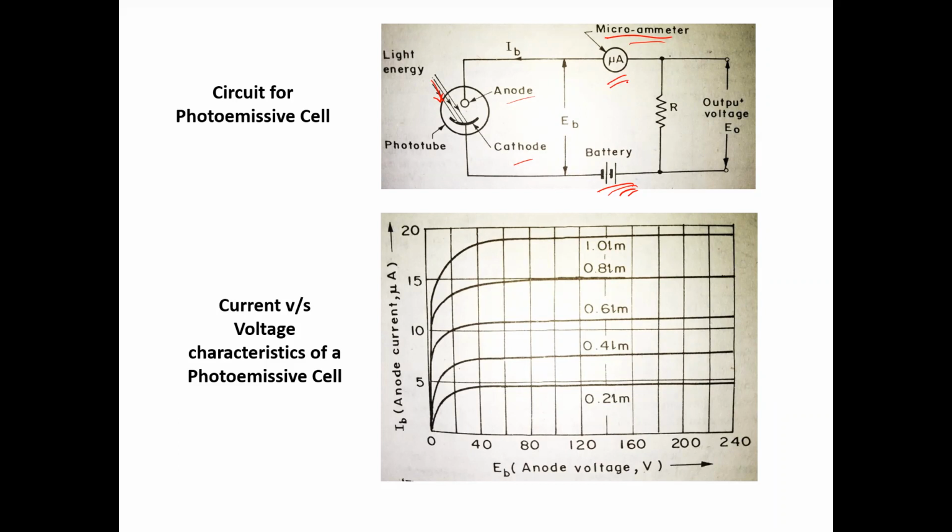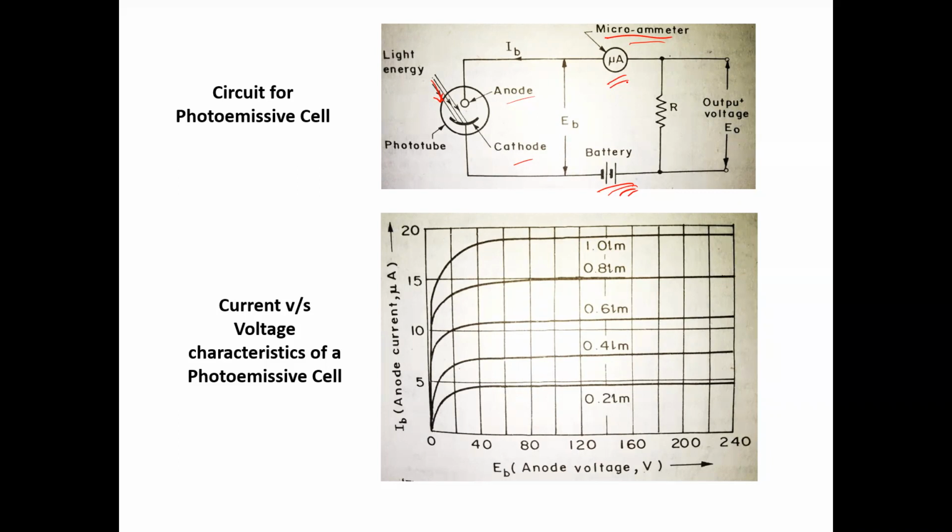From that it can be suggested that this sort of design of vacuum type cells has low sensitivity, because for a certain intensity of incident light it produces a very small amount of current. So for lower intensity light it would be difficult to detect the change in the luminous flux.